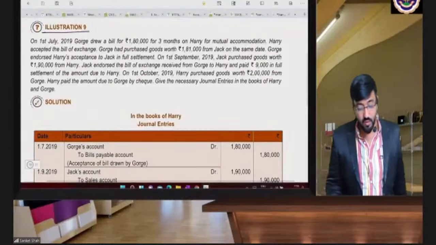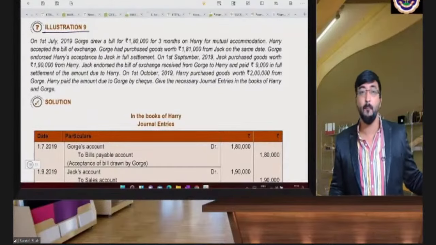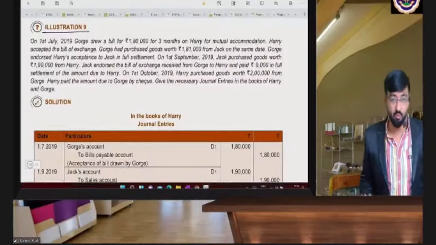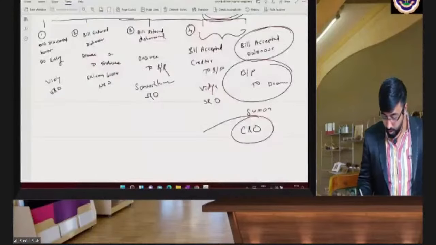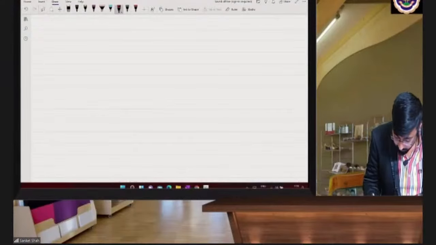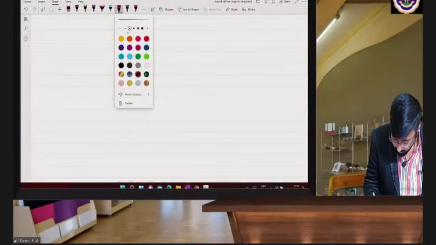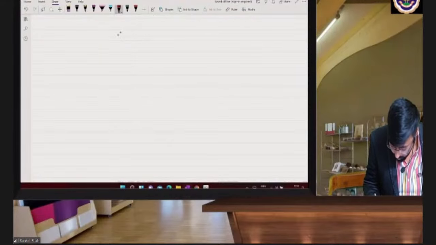On 1st July 2019, George drew a bill of 1,80,000. So beta, I'm going to draw a diagram for you. Very simple diagram. Understand?